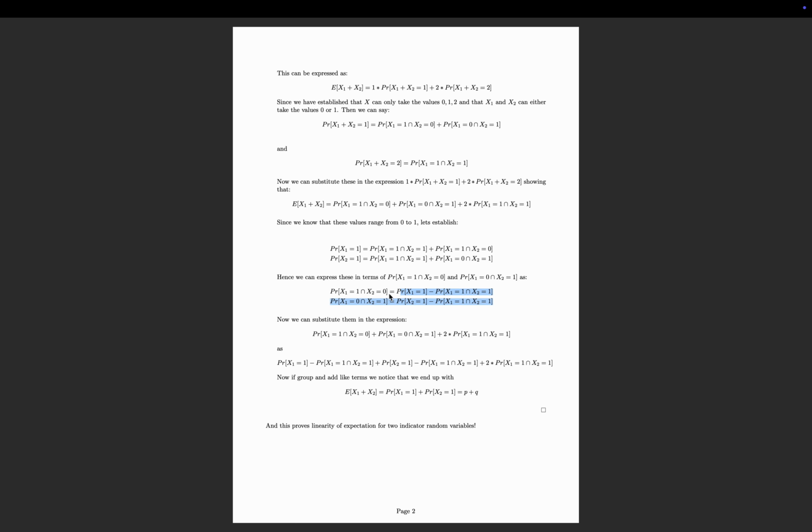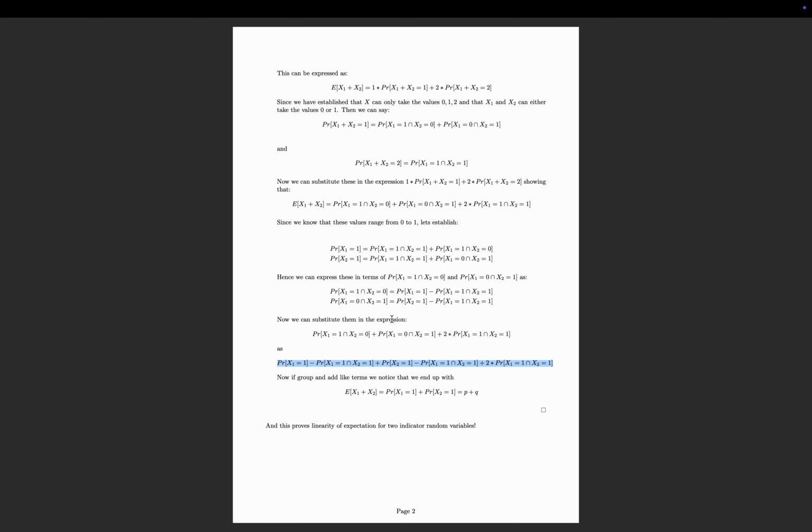So they become this. If we just do some algebra, we can express this probability over here like this. We can express this probability over here like this, and then we can just substitute it and make these expressions.